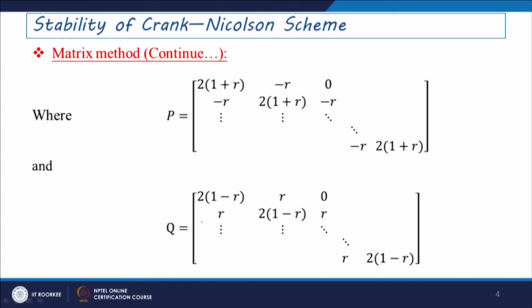These equations are represented in the form of minus r e(p minus 1, q plus 1) plus 2 into (1 plus r) e(p, q plus 1) minus r e(p plus 1, q plus 1) equals r e(p minus 1, q) plus 2 into (1 minus r) e(p, q) plus r e(p plus 1, q) here.